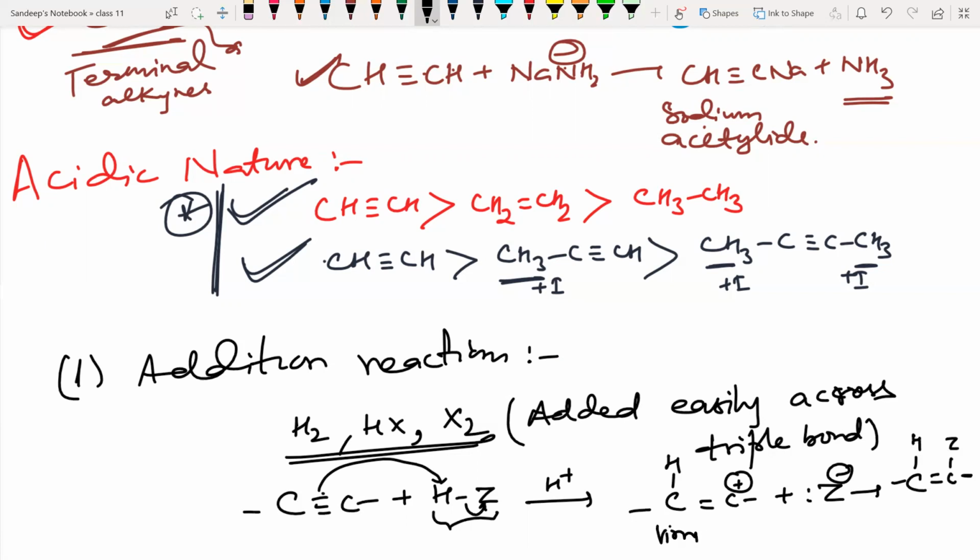Now the vinyl cation will be attacked by the nucleophile Z minus to form the addition product, which can further react. Addition in unsymmetrical alkynes takes place according to Markovnikov's rule. Most of the reactions of alkynes are examples of electrophilic addition reactions. So keep this in mind, students.